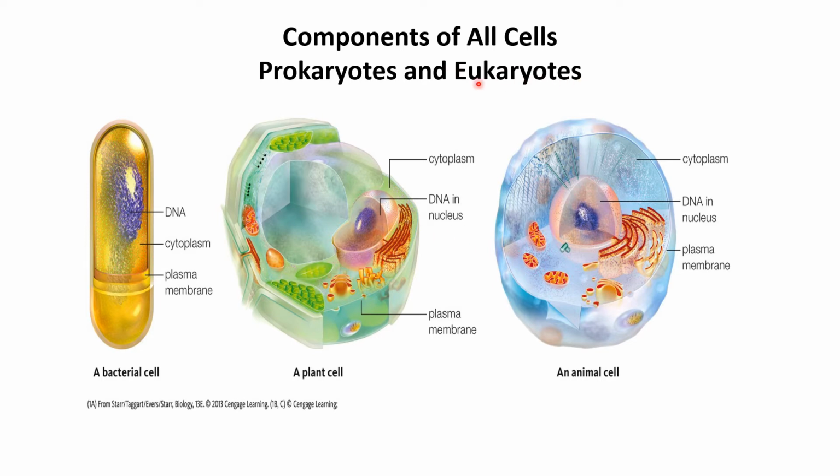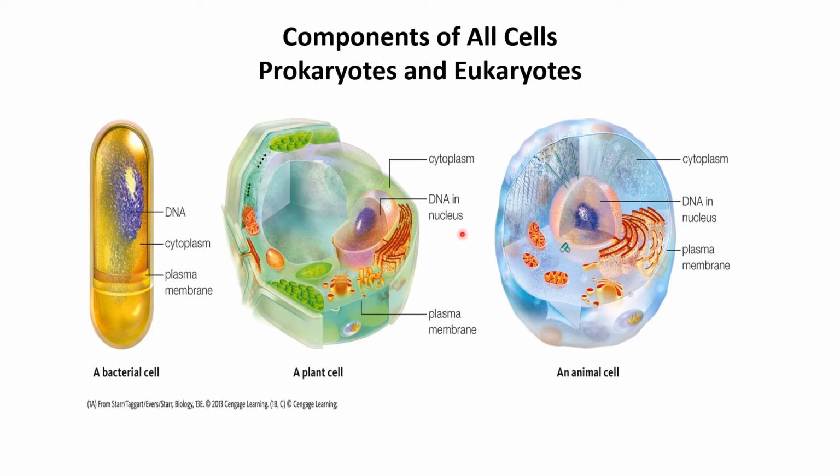So that is what the name eukaryote is telling you. It's saying this has a nucleus. Prokaryotes, like the bacterial cell, do not have a nucleus. They're pro, which means before, and karyon again is referring to the nucleus. So prokaryotes are organisms that have no nucleus, and they actually evolved prior to the eukaryotes.